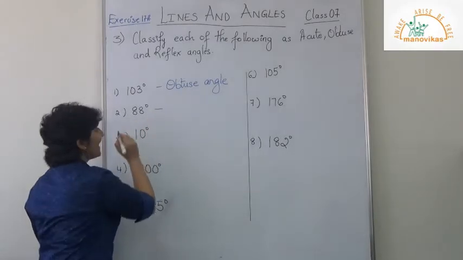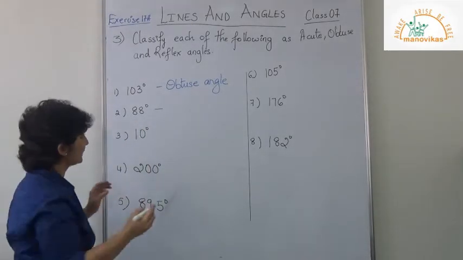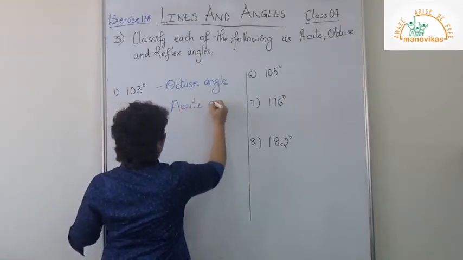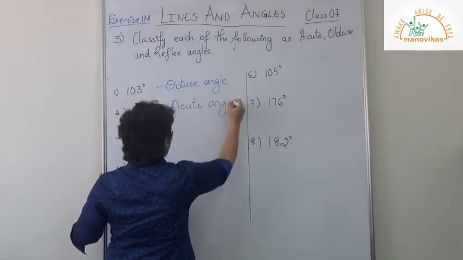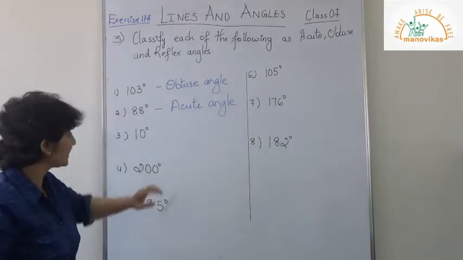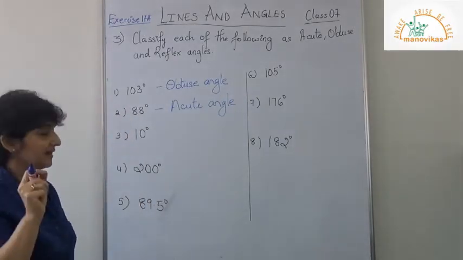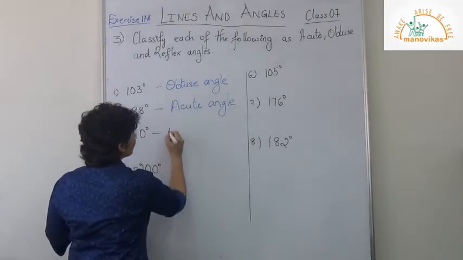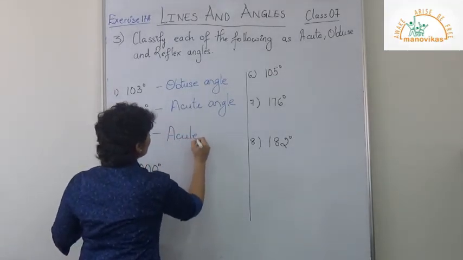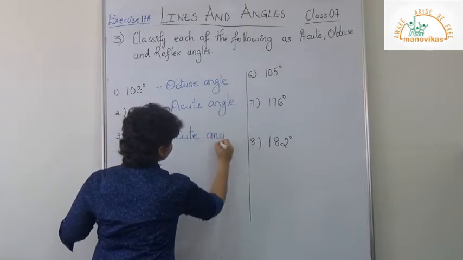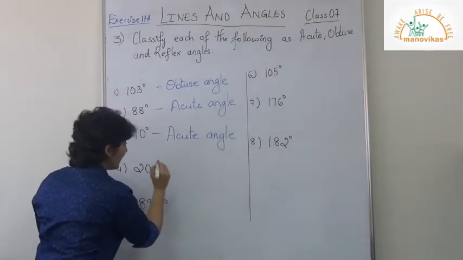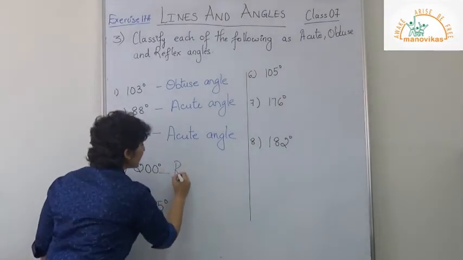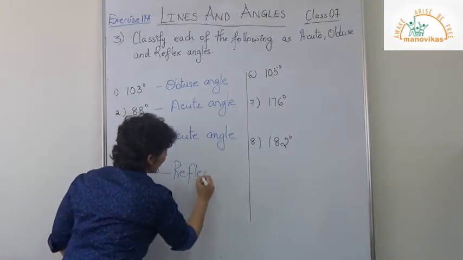Yes. Next, 88 degrees. What is it? This is an acute angle. Why is it an acute angle? This is an acute angle because it is less than 90 degrees. So now you know what is 10 degrees. Again, this is an acute angle. Alright, now we have 200. What is it? This is a reflex angle.